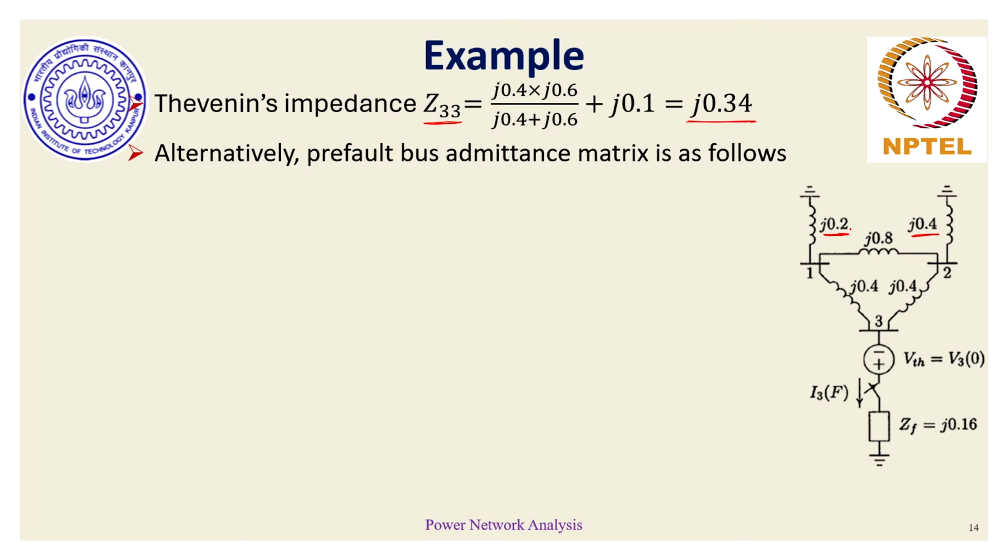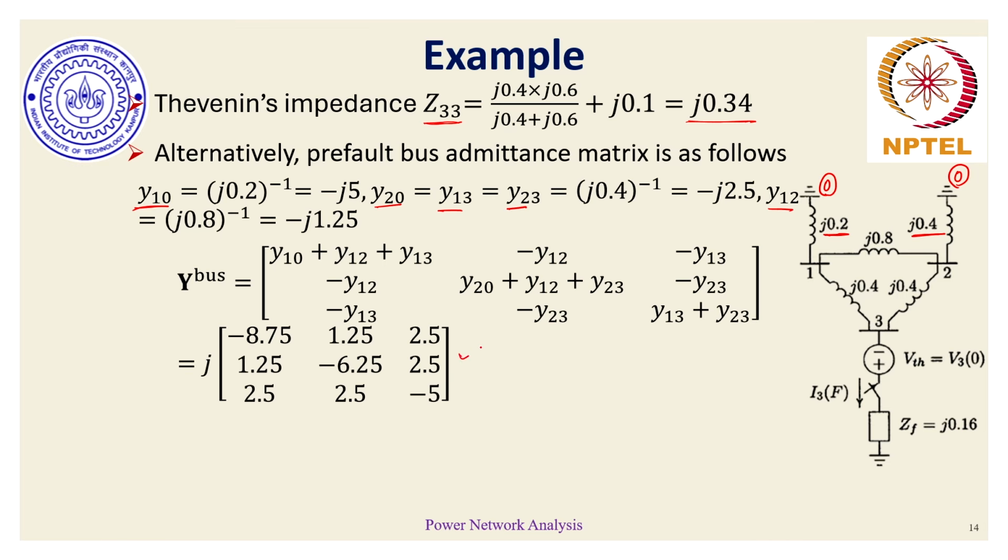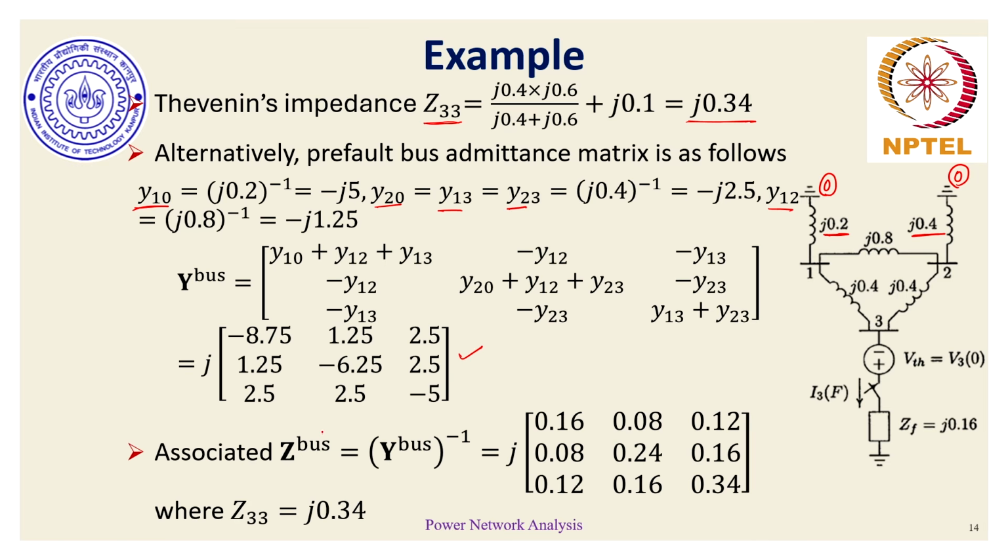So if I combine these two reactances and apply my simple Y bus evaluation, I'll first try to find my admittances. So Y10, Y20, 0 here refers to the ground. Y10 is J0.2 inverse, Y20, Y13, Y23, and so on, the usual process. From there I find my Y bus, take the inverse of it, I get my Z bus.